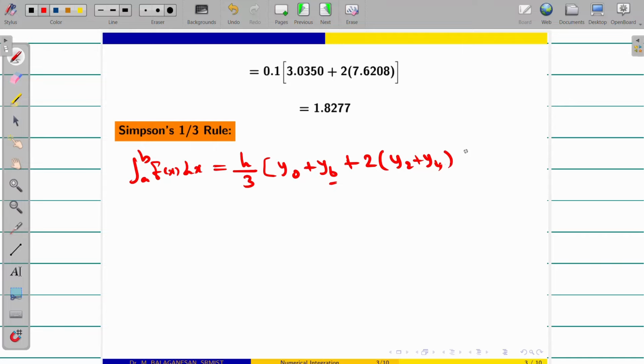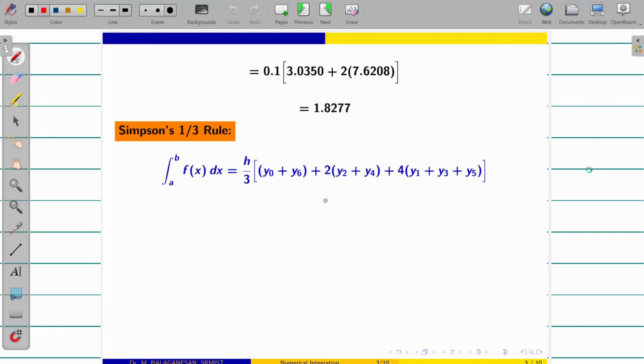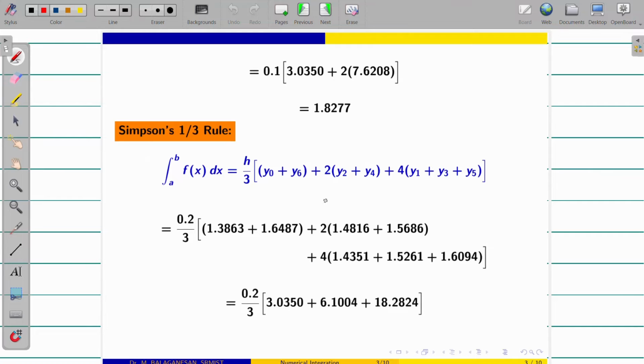The value should not be repeated here, right? Plus 4 times the rest of the values, the odd values, y1 plus y3 plus y5. That's it, guys. Then we take the values from the table, which we found already, and we can get the answer. This is the formula. So substituting, we can get the answer 1.8278.